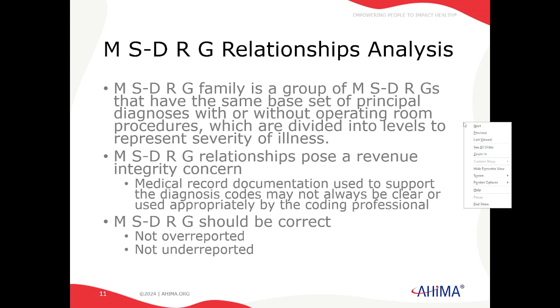MSDRG should be correct, it shouldn't be overreported, and it shouldn't be underreported. So audits are done to compare those MSDRGs. There's table 14.7 on page 292, which shows you simple pneumonia and the difference in the relative weight.